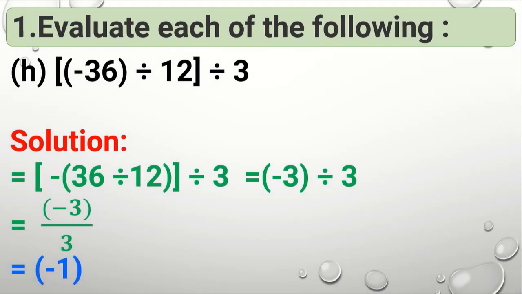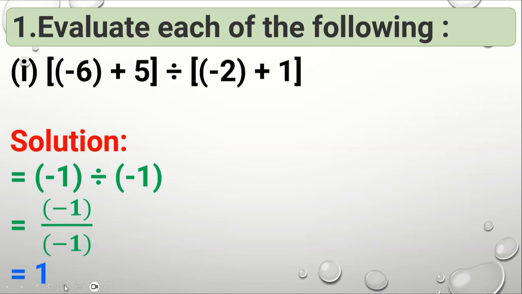Next, minus 36 divided by 12 divided by 3. So we will take this first, minus 36 divided by 12. So it will become minus 3. Then it is divided by 3. So minus 3 upon 3. So 3 and 3 will cut, and so our answer will be minus 1.